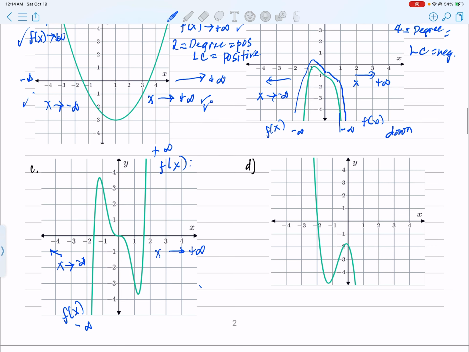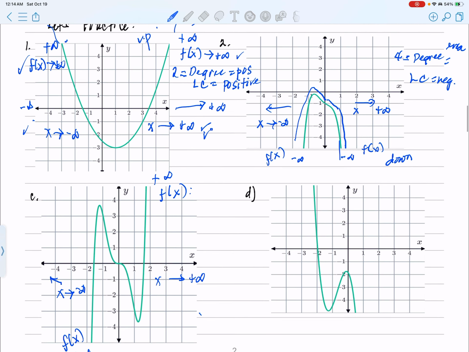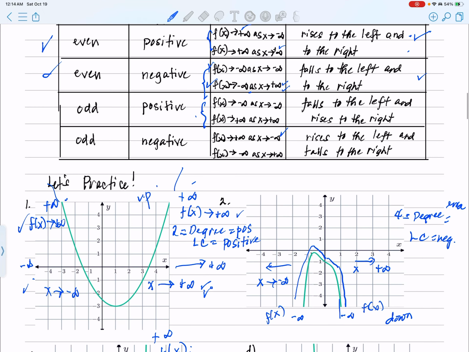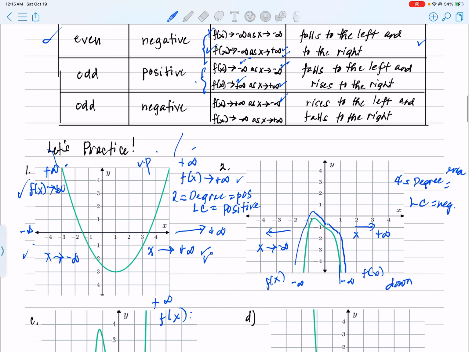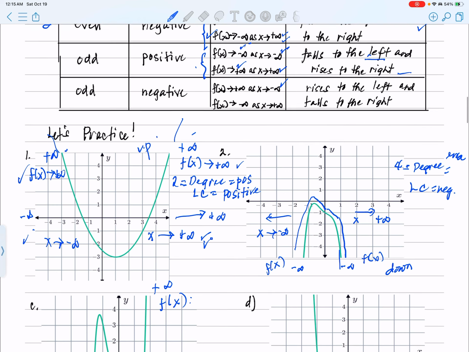So where does it fall? Negative, negative, positive, positive. As x approaches a negative, the function is negative. As x approaches positive, the function is positive. One falls to the left and rises to the right.